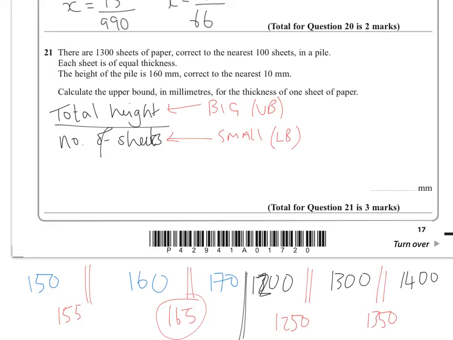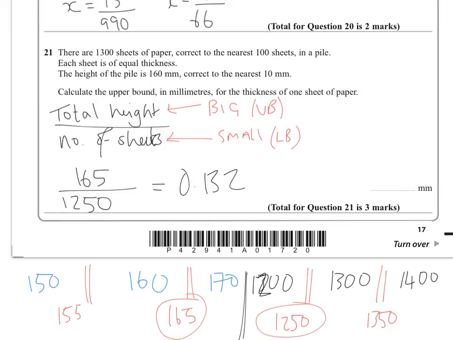I want the lower bound of the number of sheets. So therefore, in order to work out the upper bound for the thickness of one sheet of paper, total height, which is 165, divided by 1250, which gives me 0.132 millimeters.